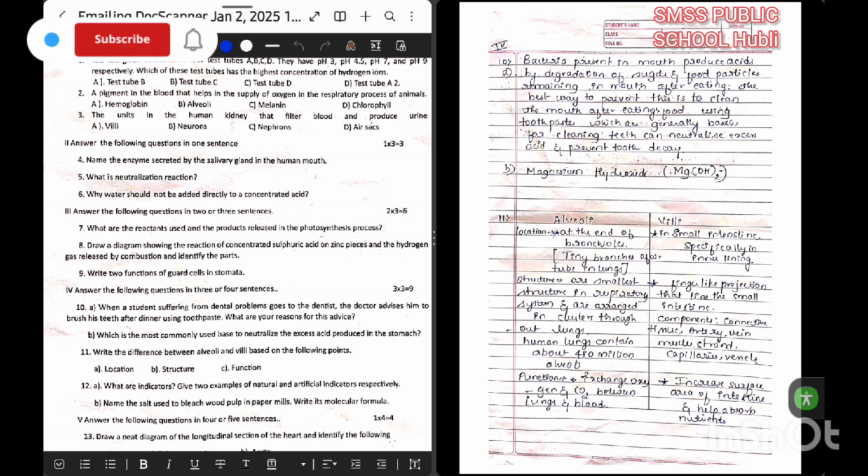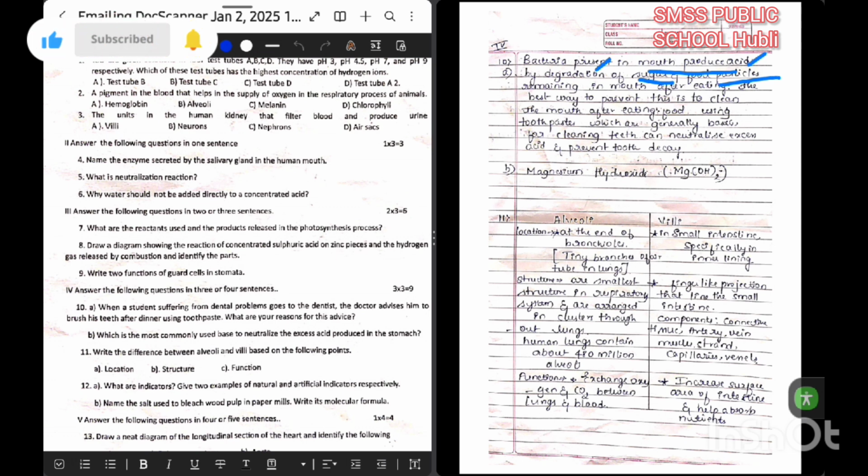So in this, what they have asked is, the dentist told that boy to brush his teeth after dinner, and you need to answer that. So in this question, the bacteria present in the mouth produce acids by the degradation of the sugar and the food particles remaining in the mouth, so that leads to the degradation of those complex food materials, which releases simpler sugars.